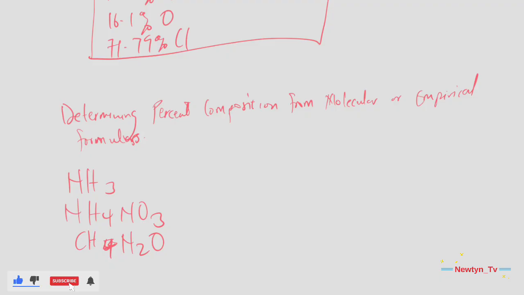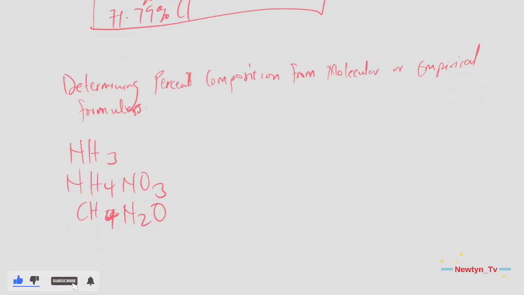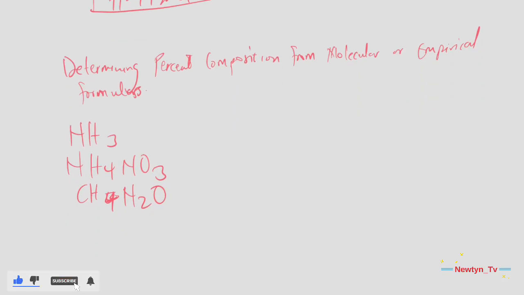Now the formula mass for ammonia is therefore: the nitrogen is 14.01 AMU, and for hydrogen we have 3 atoms, so 3 times 1.008, which gives 3.024.